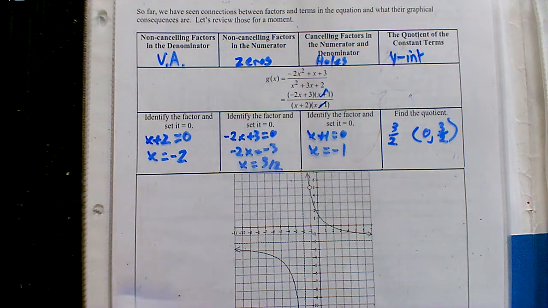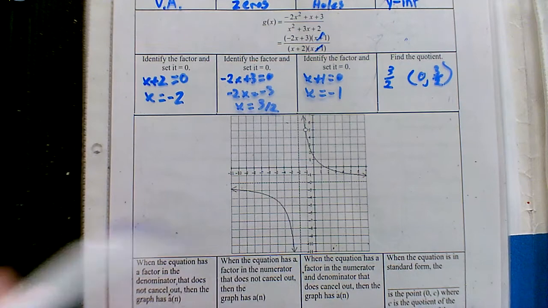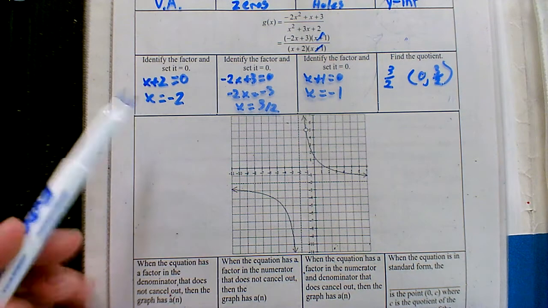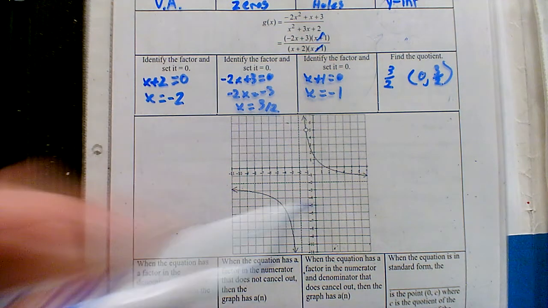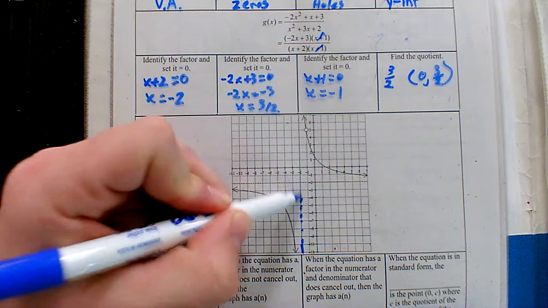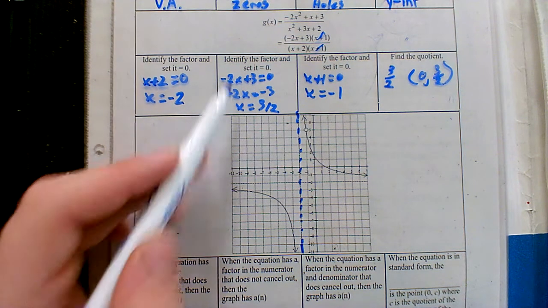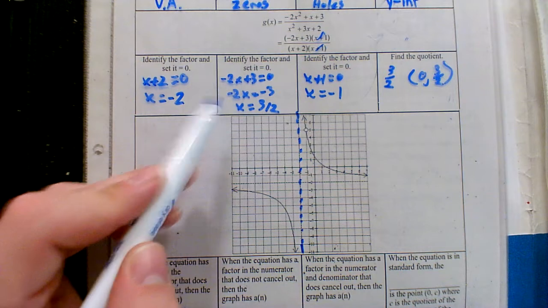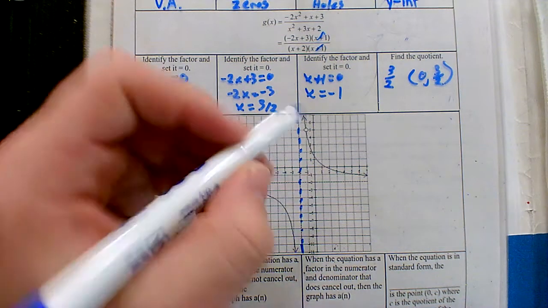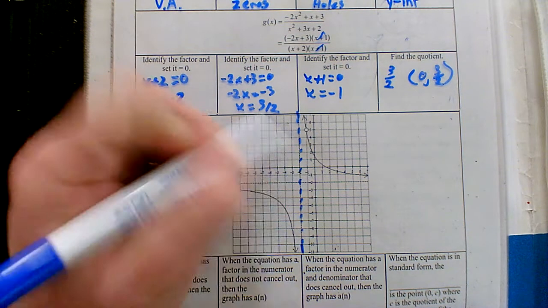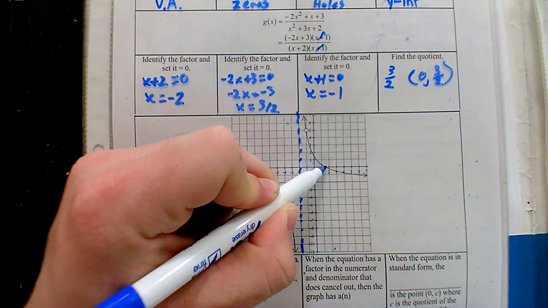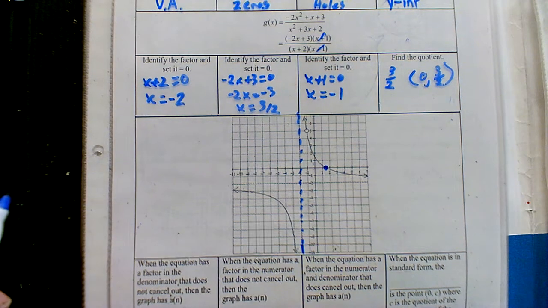If we look at our graph here, we can confirm some of this. Vertical asymptote at negative 2: we can see they already have the line there. It says we have a zero at 3 over 2, which is the same as 1.5, and at 1.5 we see it does cross the x-axis.